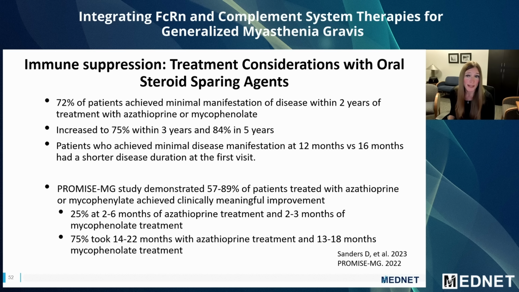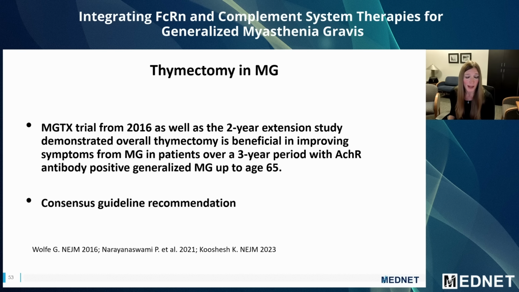And then the PROMISE MG study also showed similar good results with those, which is why we use those medications as steroid-sparing agents in their oral therapies. Of course, there are risks associated with them as well. You have to weigh those.